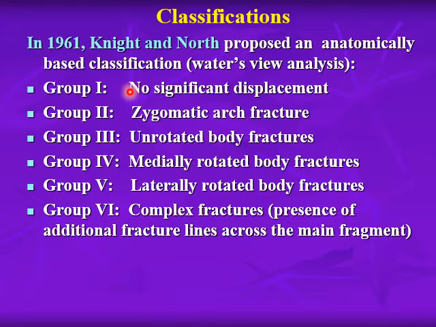The first group is no significant displacement. The second group is zygomatic arch fracture. Third group is unrotated body fracture. Group 4 is medially rotated body fractures. Group 5 is laterally rotated body fractures. Group 6 is complex fracture, which means the presence of additional fracture lines across the main fragments, or it is called comminuted fracture.